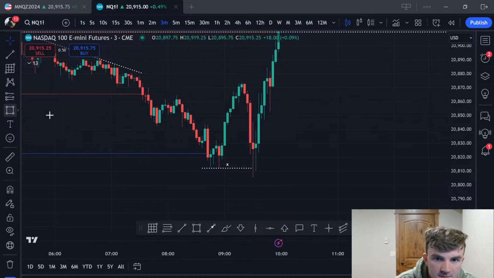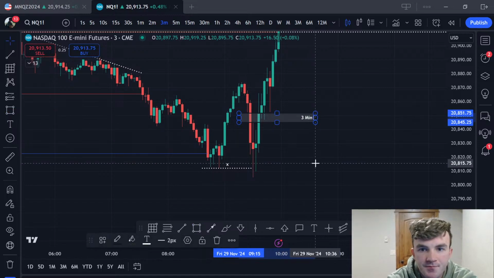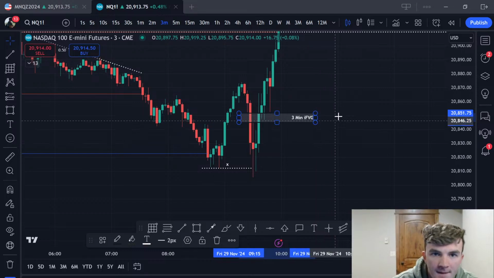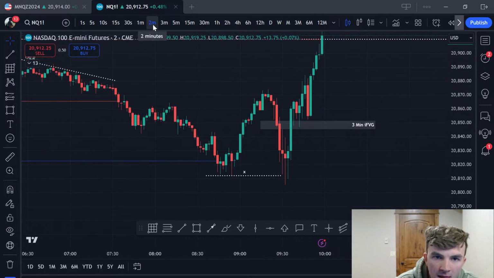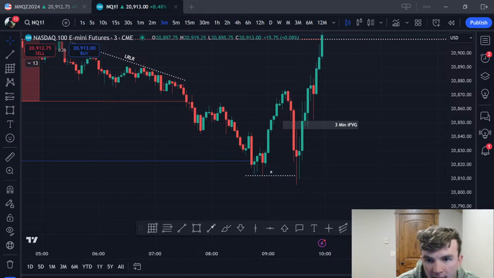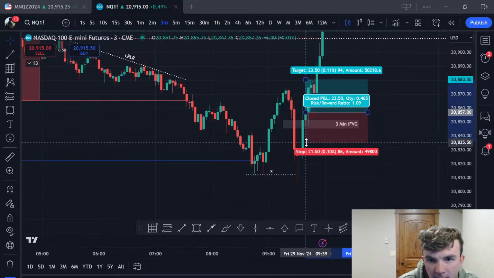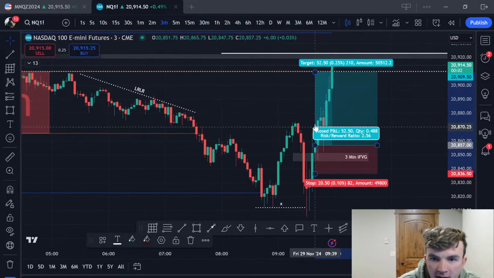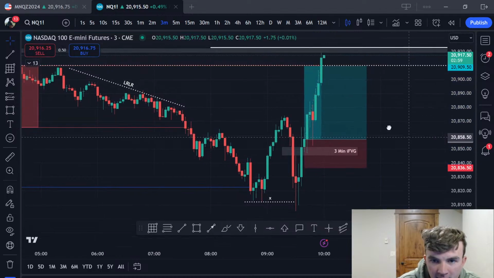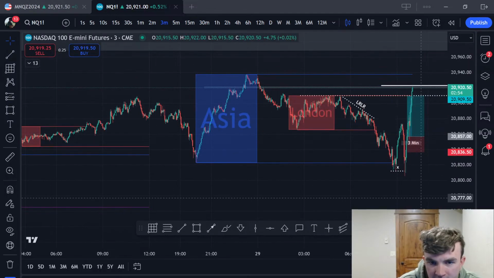And then we got a 3-minute inversion here. And this was also a 5-minute inversion. Now, you could have possibly gotten stopped out at break even. If you put your stop loss to break even right here, then you would have got stopped at break even. That's unfortunate.